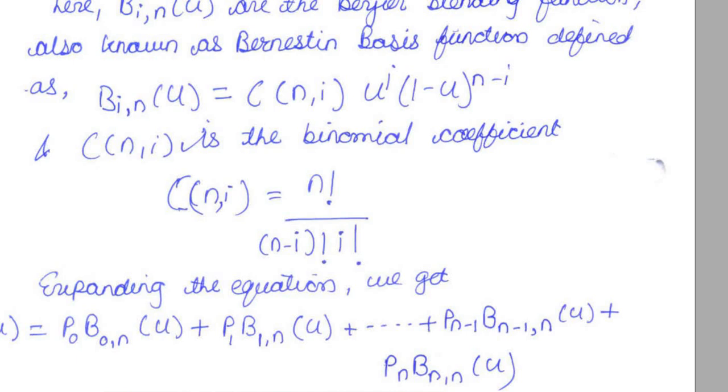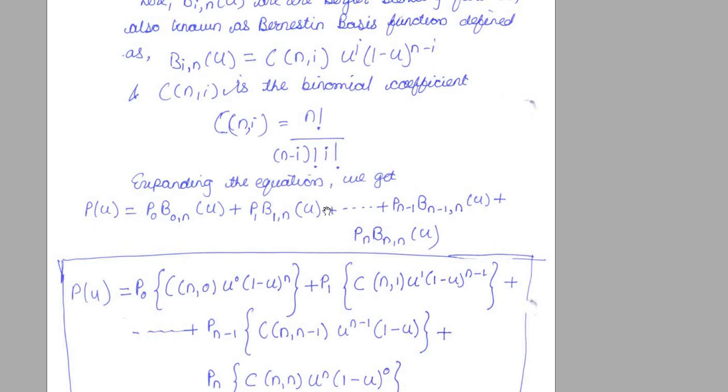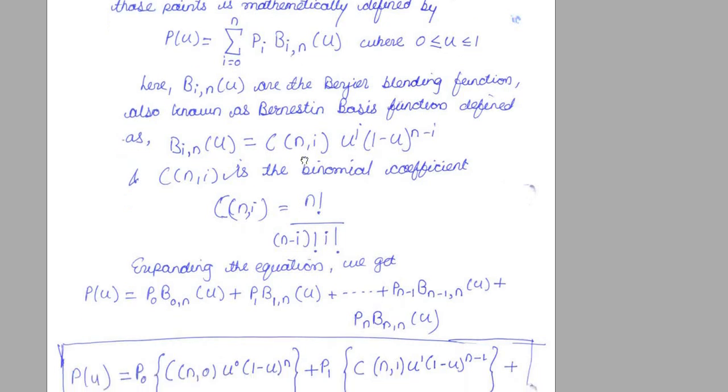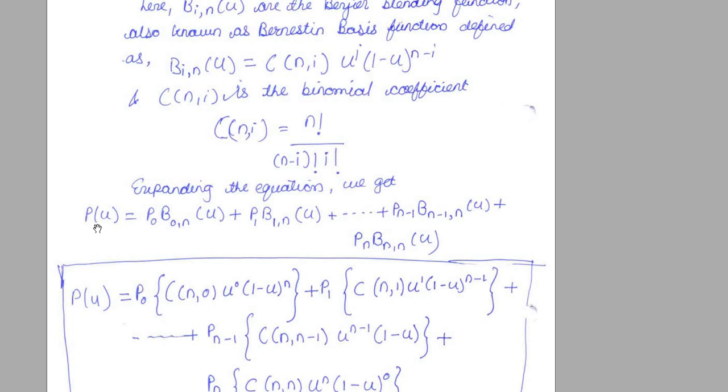If we expand this equation, we substitute this into our equation. What is our equation? P of u is equal to the summation of i equals 0 to n of p_i B_{i,n} of u. So we get the expanded function as P of u is equal to p0 B_{0,n} of u plus, up to, p_n B_{n,n} of u.